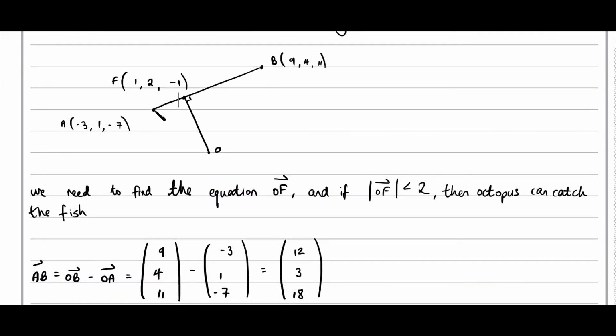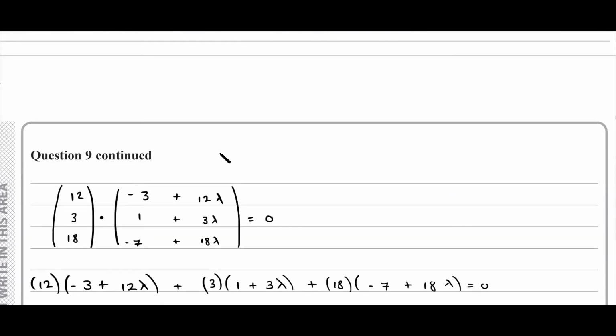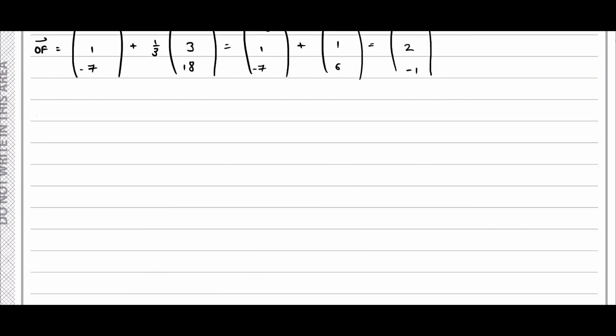So with that being said, we can find out the distance OF. The distance OF will equal the square root of 1 squared plus 2 squared plus -1 squared, the result of which is root 6.